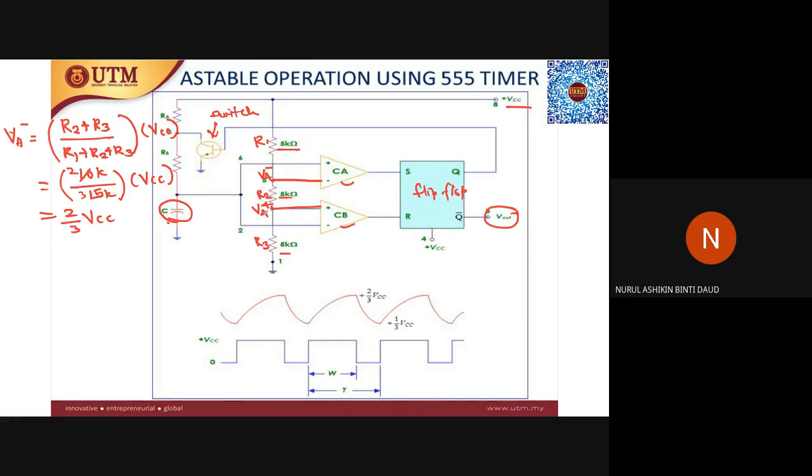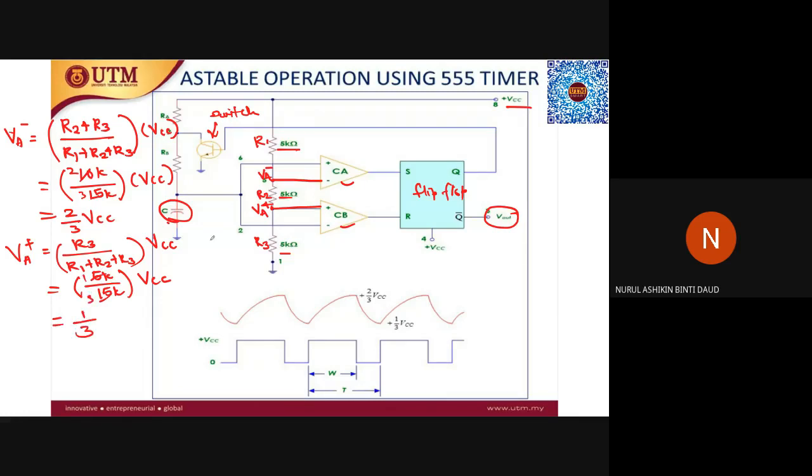How about the value of VA plus? For VA plus, it is R3 over R1 plus R2 plus R3, times VCC. You can insert the values here: 5 kilo over 15 kilo ohm, times VCC. So it will be 1/3.